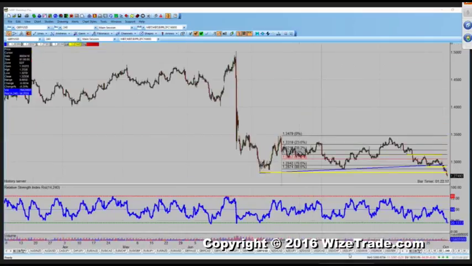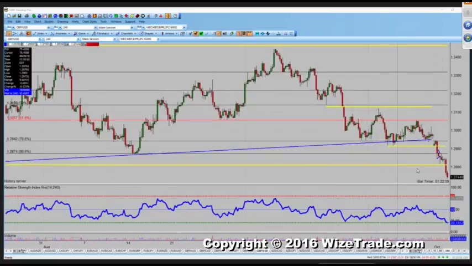Okay, so the pound is breaking lower. Obviously, when we broke 129 yesterday, that was the blue trend line. That was the catalyst.